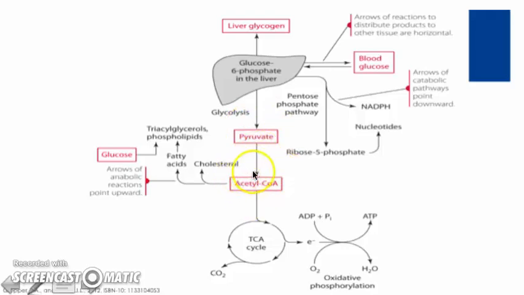Acetyl-CoA has two potential fates, either being involved in anabolic tissue storage processes, such as cholesterol synthesis, fatty acid synthesis, and formation of triacylglycerols, or the catabolic processes of the oxidation of acetyl-CoA and the formation of ATP through the electron transport chain.